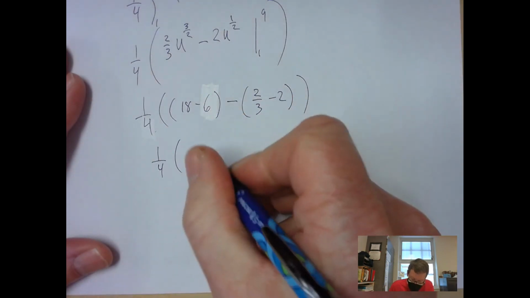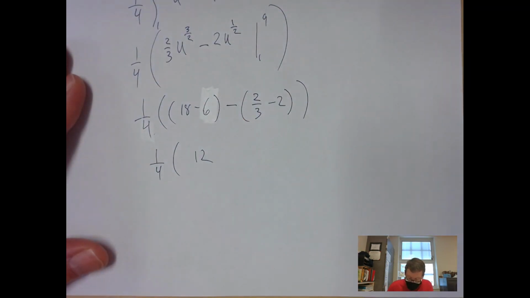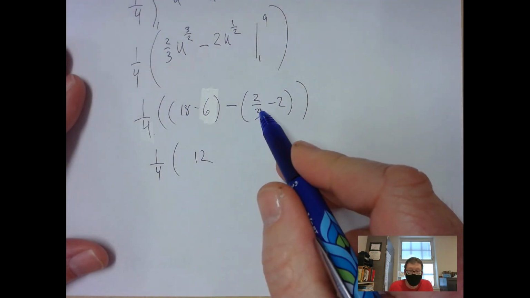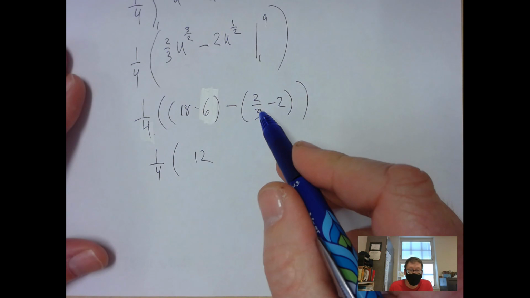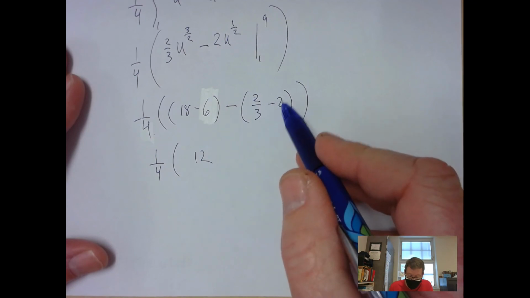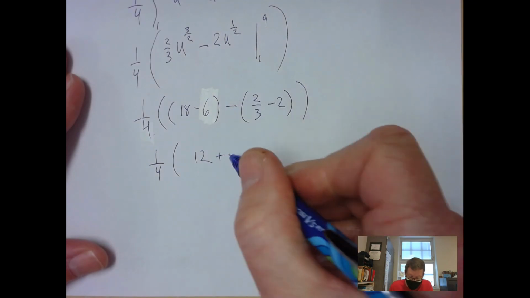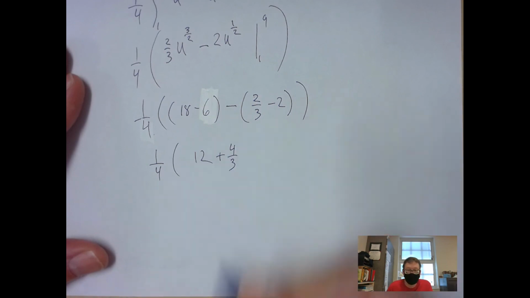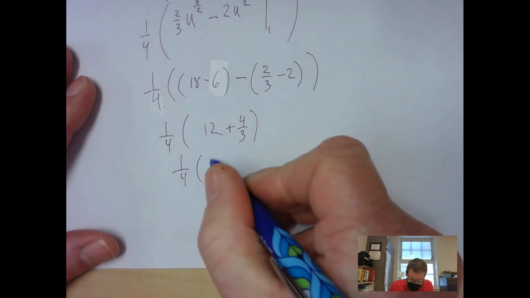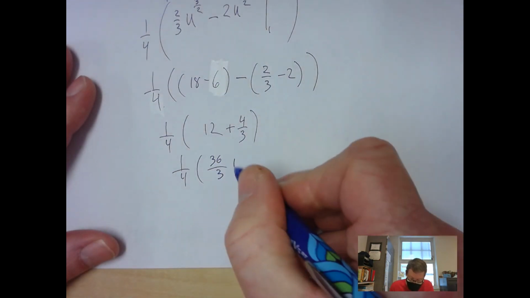That'd be 12. And then what's this? Negative 4/3. Is that correct? Because that'd be 6/3. So it'd be negative 4/3, but with the negative in the front, it'd be positive 4/3. Twelve is 36/3 plus 4/3.